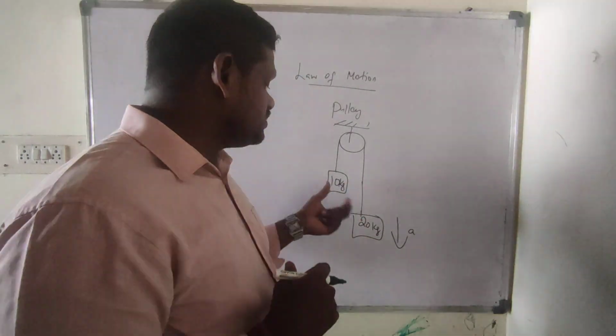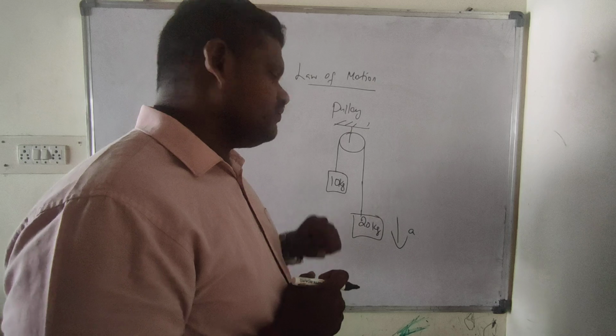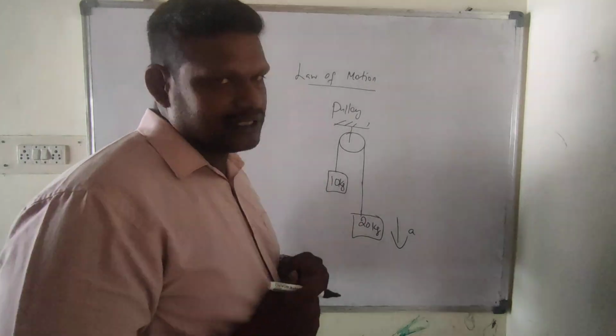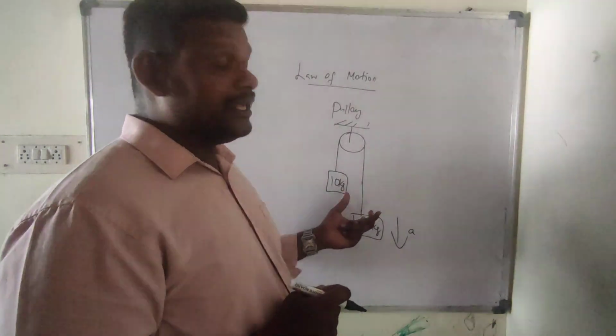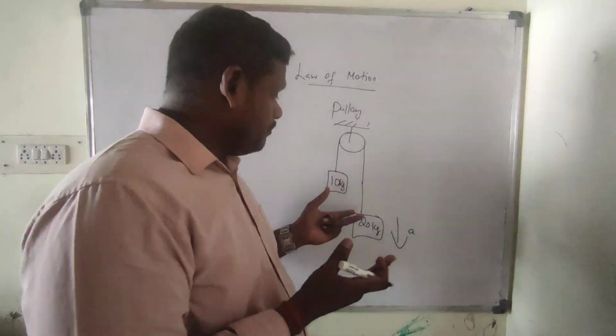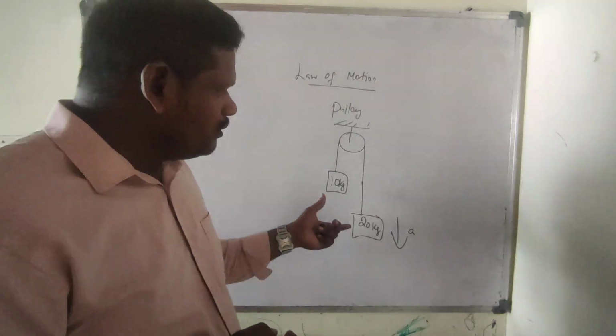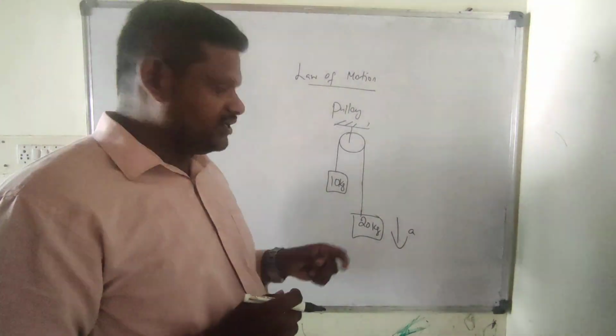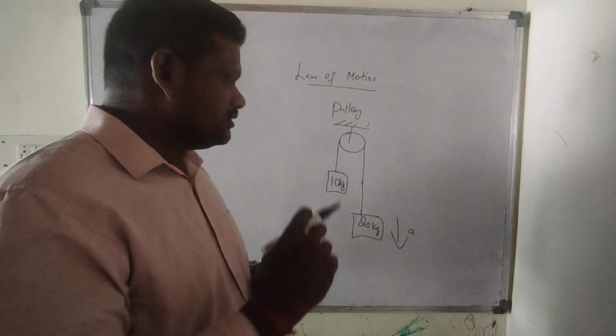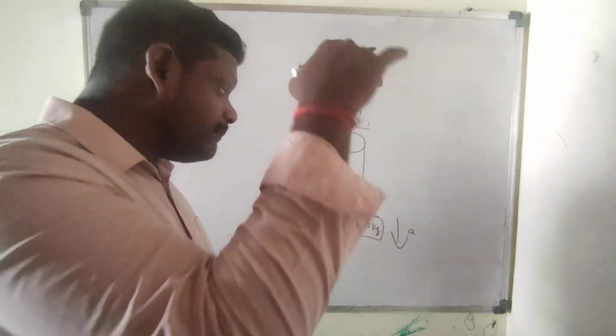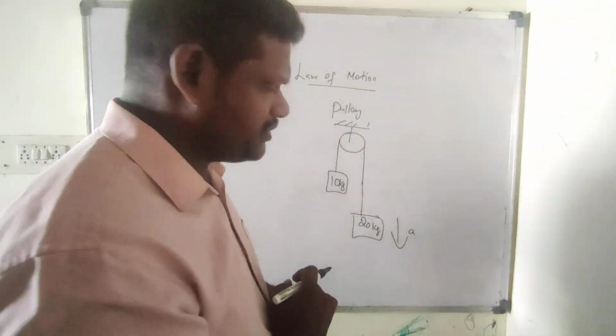It is due to the unbalanced forces. Here is 20 kg, here is 10 kg. If the masses were equal, there would be no unbalanced force. Because of the uneven masses, here 20, here 10, there is an unbalanced force, and this unbalanced force causes acceleration.